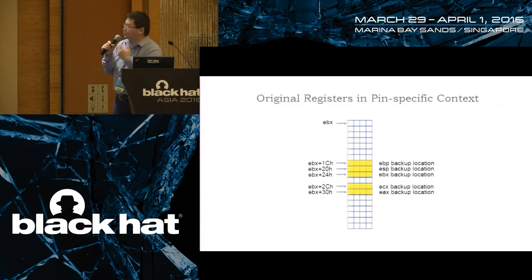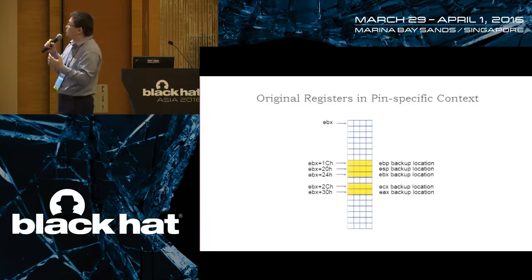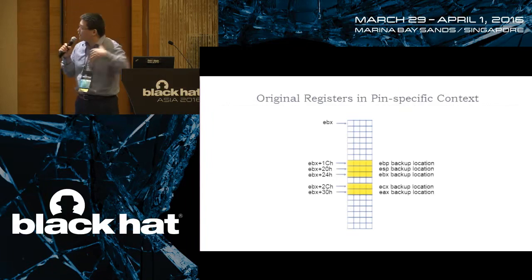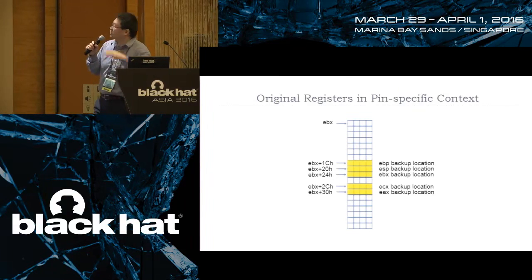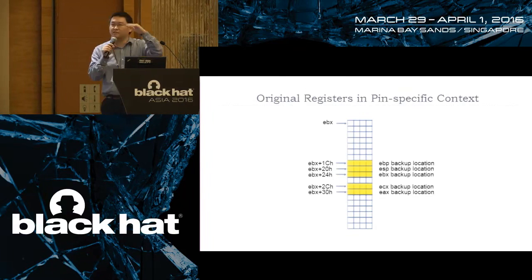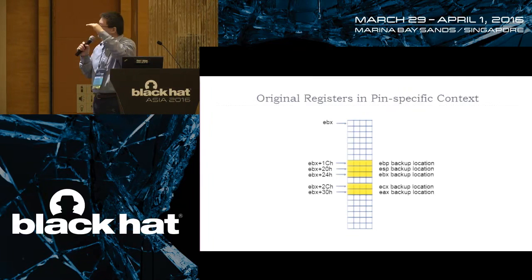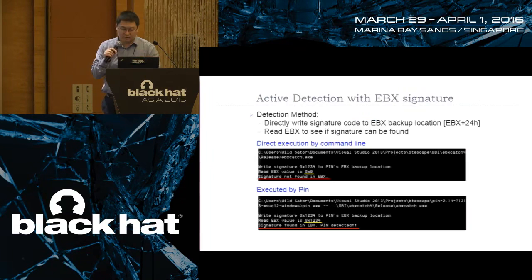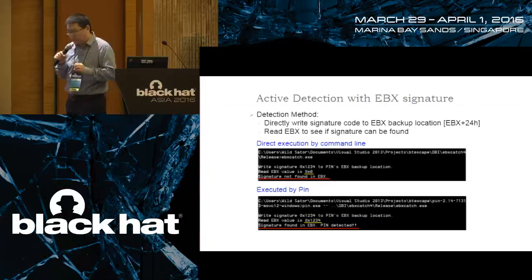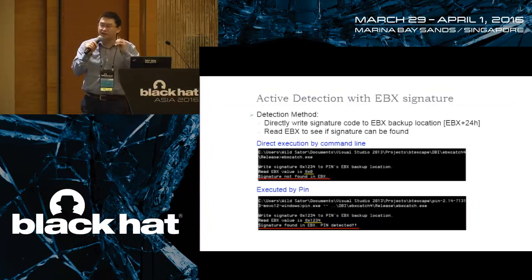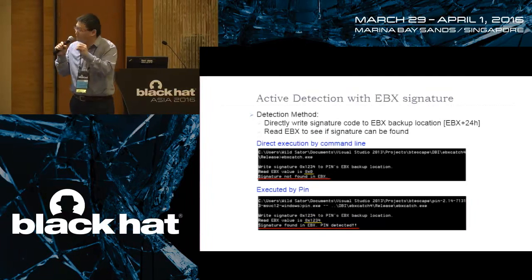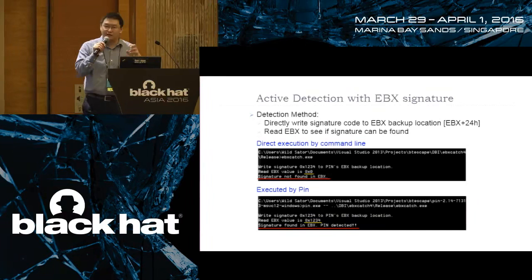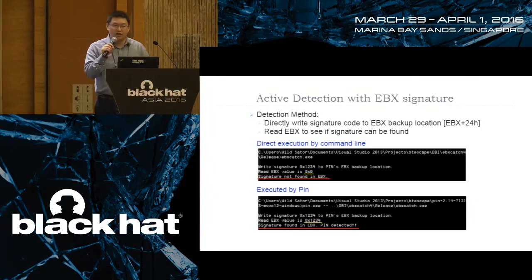So they will not allow you to change that. But they have to back up the value used by the original code to some place, right? We did some simple research and found the original EBX value is put in the code cache context, plus a 24H offset. So the idea is very simple. If you can correctly change the backup EBX, then you use the assembly instruction to read EBX.